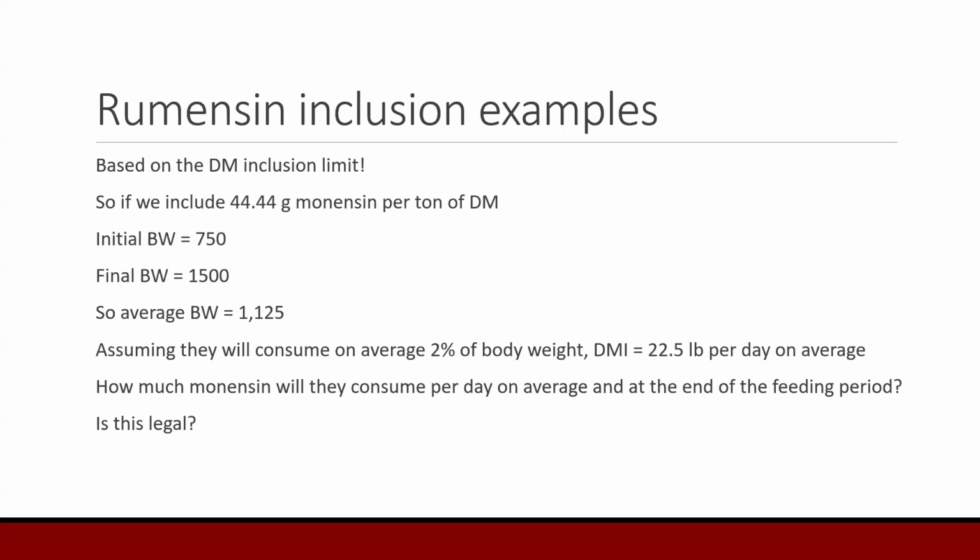So can you see the benefit of using a micro machine? You can change how much Rumensin 90 you're providing in the diet as that animal gets bigger and eats more. We went from being illegal on average to being right spot on at the beginning. So that's an advantage of the micro machine.